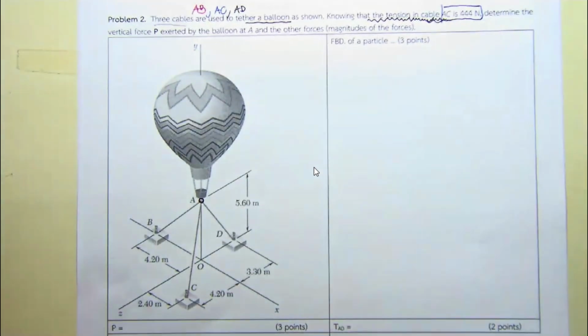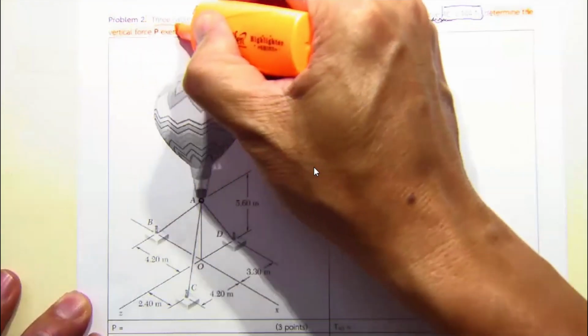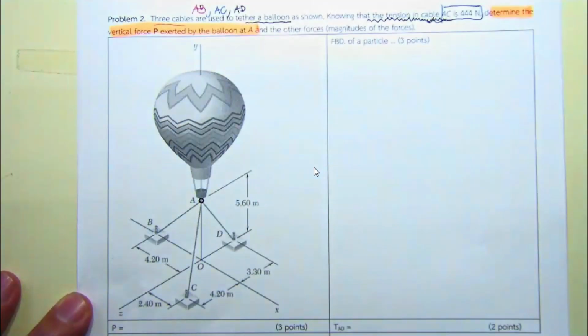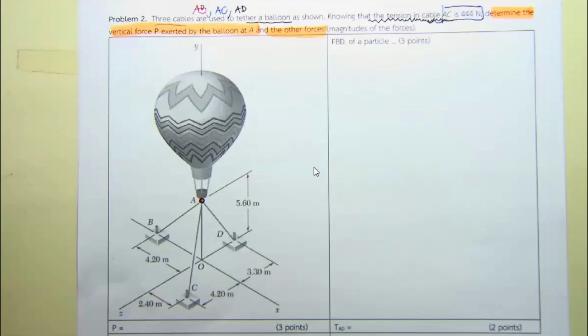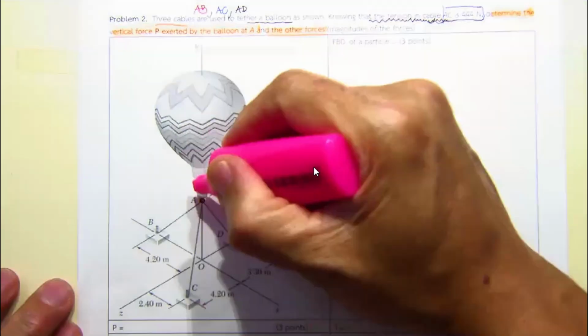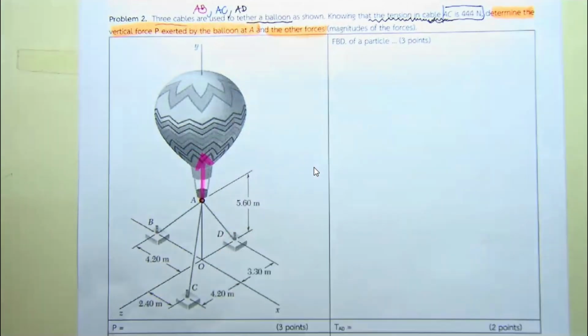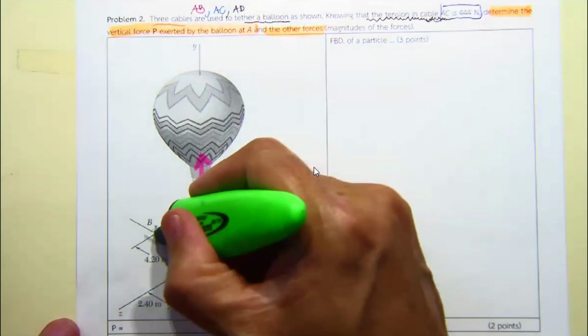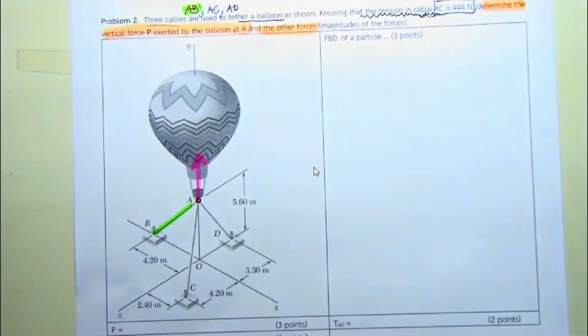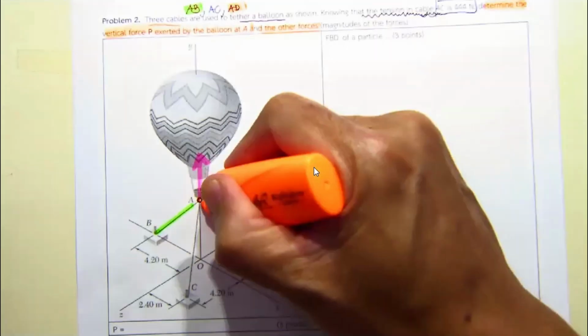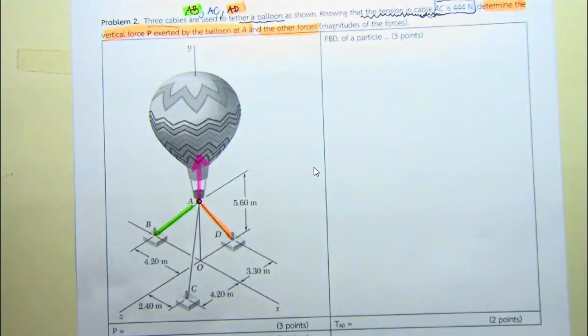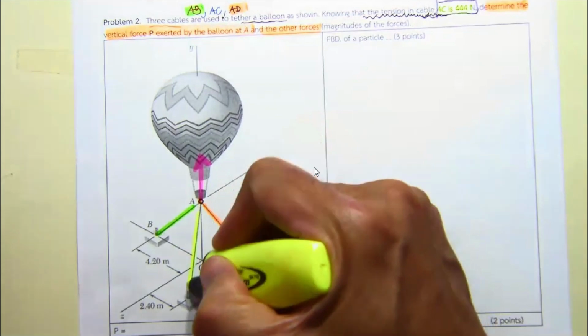And they asked us to determine the vertical force P exerted on the balloon at A. This means the balloon is going to lift up, but the three cables help to hold each other: cable AB, cable AC, and cable AD. For cable AC, Ajahn provides you with the force, the force in this yellow cable.